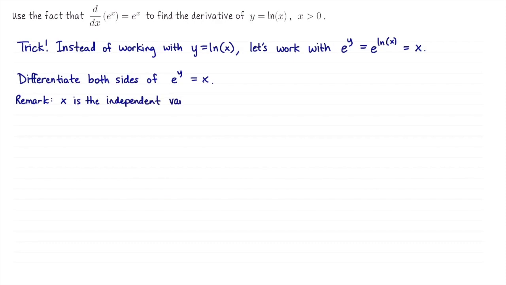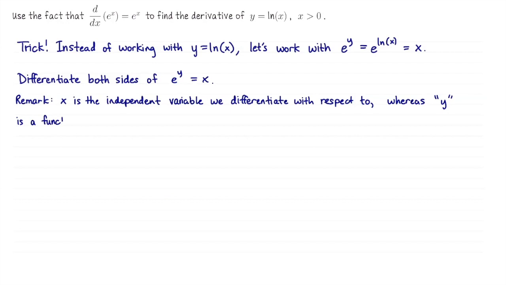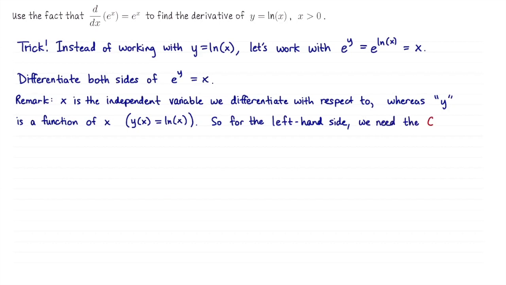X is the independent variable that we're going to differentiate with respect to, and y is a function of x. So we have to keep in mind that the left-hand side is e to the y of x, which is a composition. The outside function is e to the, and the inside function is y of x. So for the left-hand side, we need the chain rule.